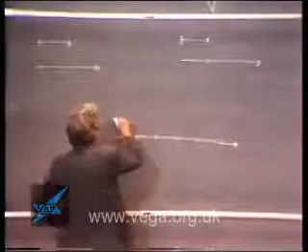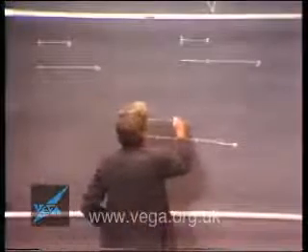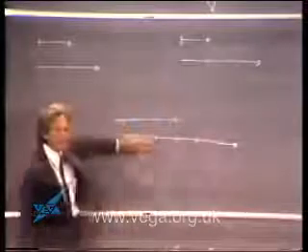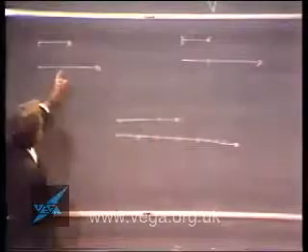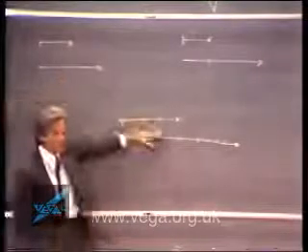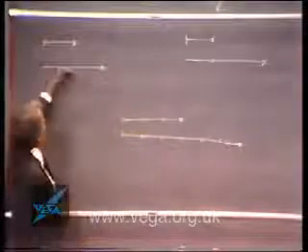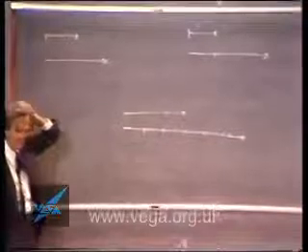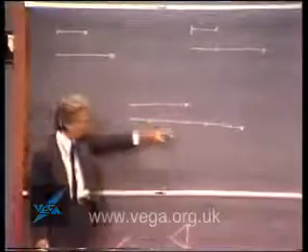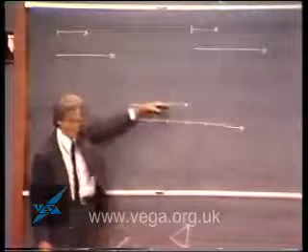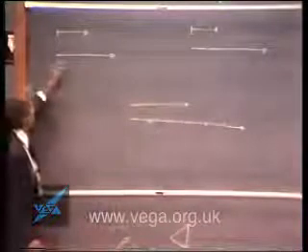The idea is that the 3 line that I had before bears the same relationship to the answer that I'm trying to get, the 6 line, as the 2 bears to the 1. 6 is twice 3 in the sense that this relative to that is the same as the 2 to 1. Right? The idea is then that the answer of multiplication should bear the same relationship to one of the things you're trying to multiply as the other thing does to the unit.